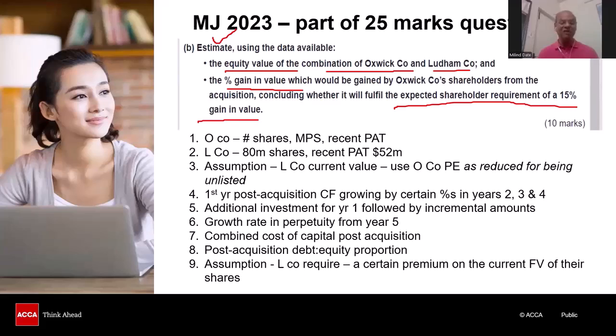Here it is the price earning ratio. Second, I will show a working note which helps understand how the combined company cash flows are calculated, which is free cash flows for the firm, using the growth rates, using the additional investments, and also the perpetuity calculations.